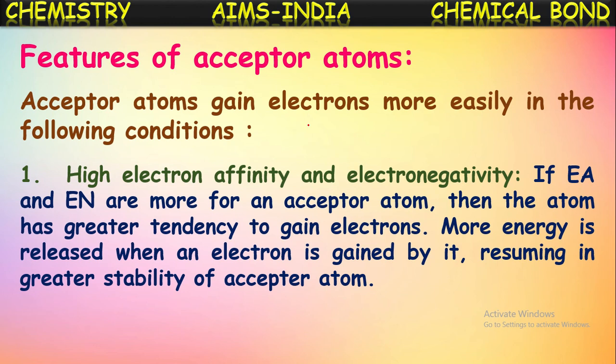And hence, what happens? They will go into the least energetic state, and hence they become more stable by accepting those electrons. In that way, the atoms which have greater electron affinity and electronegativity can accept electrons easily and they form strong ionic bonds.